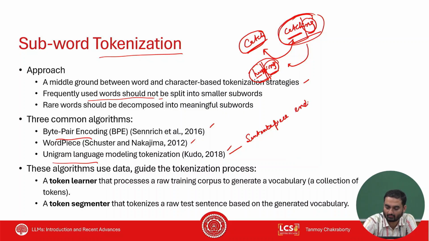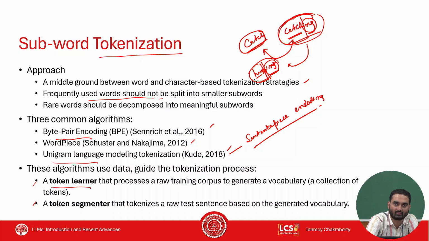We will discuss these 3 kinds of techniques in this lecture, and we will see that all modern LLMs like BERT, T5, and GPTs essentially use one of these methods or a combination of these methods. In each of these methods, we will see that there are 2 basic steps. The first step is a token learner.